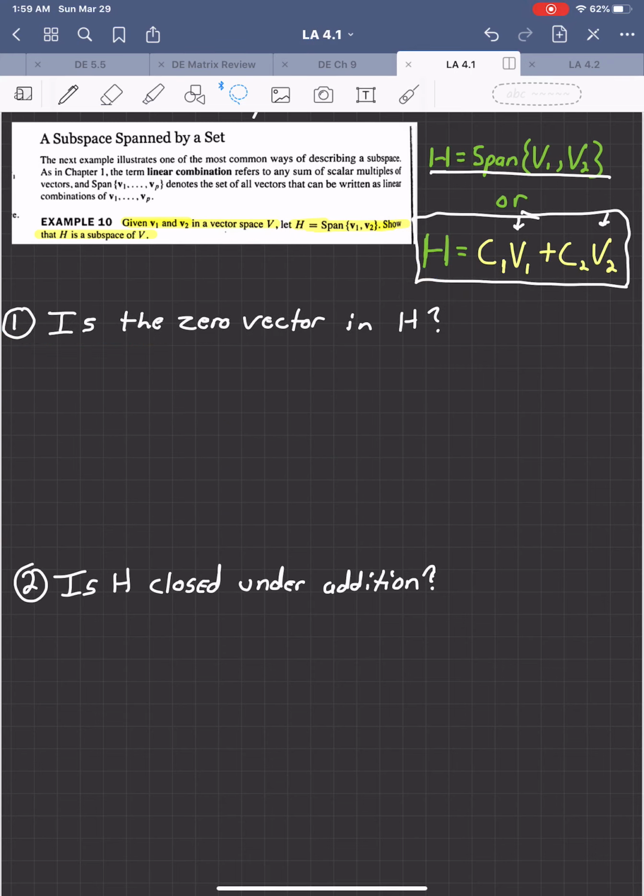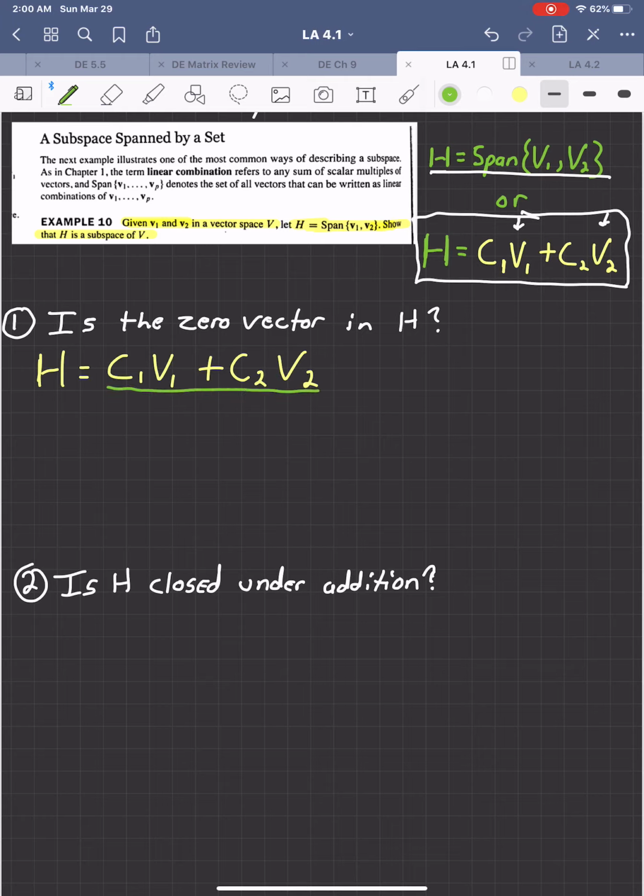Let's start with the easiest one. Given H, is the zero vector in H? Let me rewrite. We have H is equal to c sub 1 multiplied by v sub 1 plus c sub 2 multiplied by v sub 2. My only question is, is it possible for us to get to the zero vector from here?